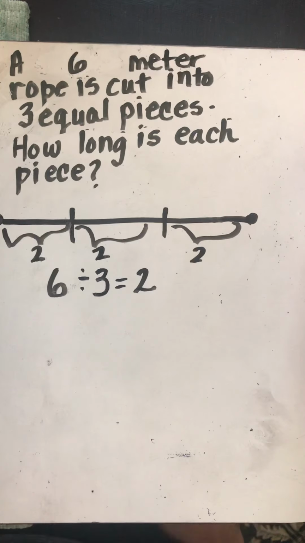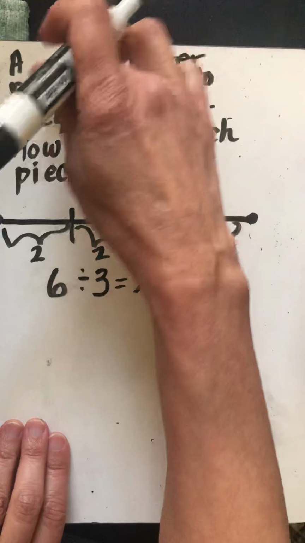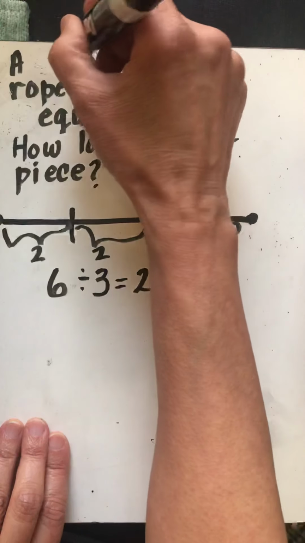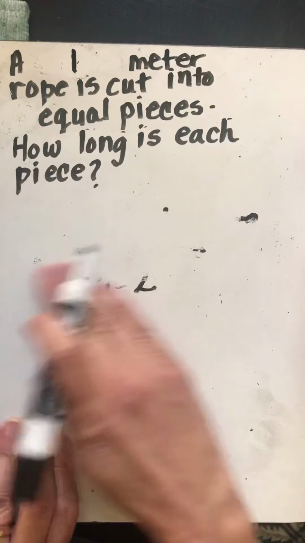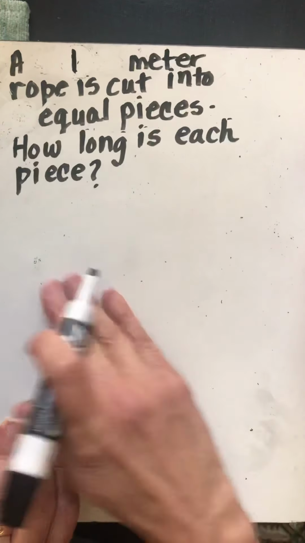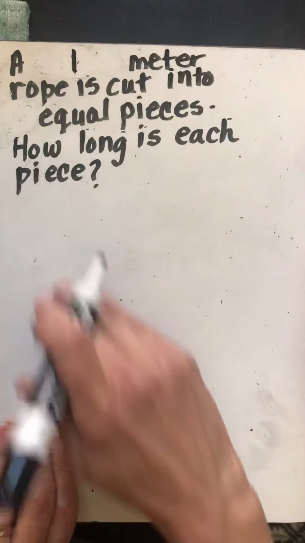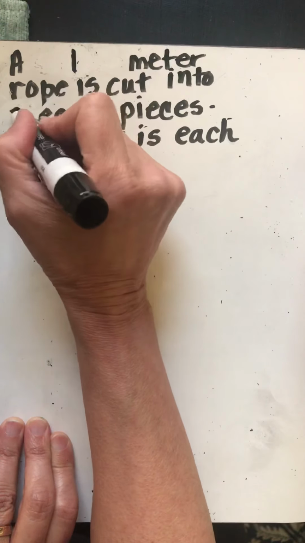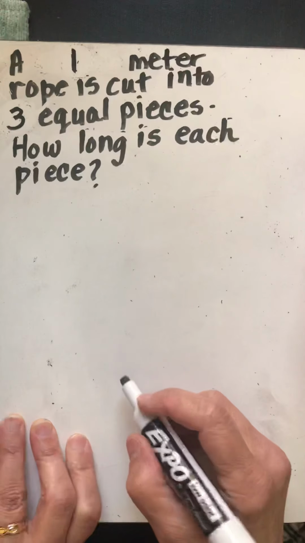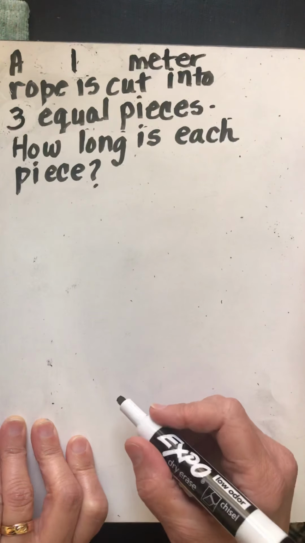Okay, let's take a look at another problem. Might be a little bit harder. You might have to stretch your brain a tiny bit. We're going to go with a 1-meter rope now, and we're going to cut that into 3 equal pieces. We'll still have 3 equal pieces there. So we have a 1-meter rope.